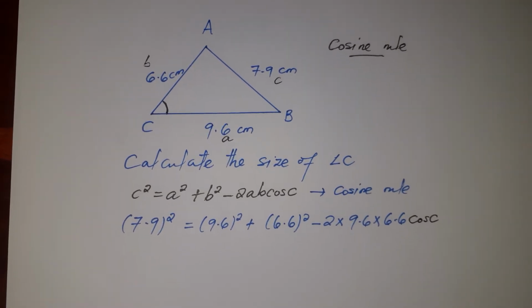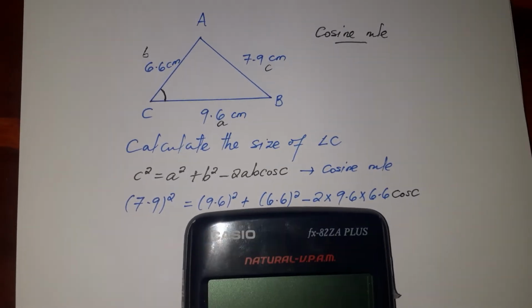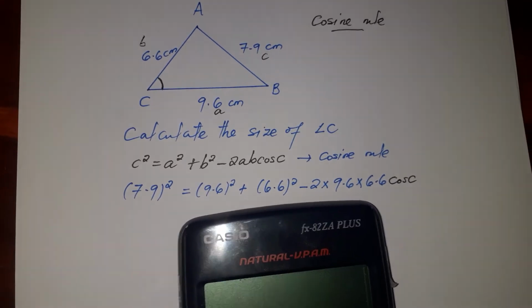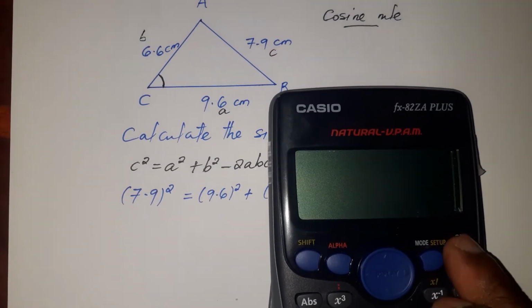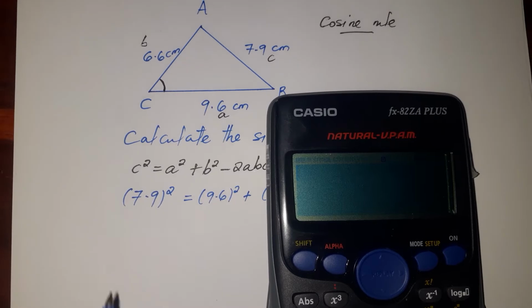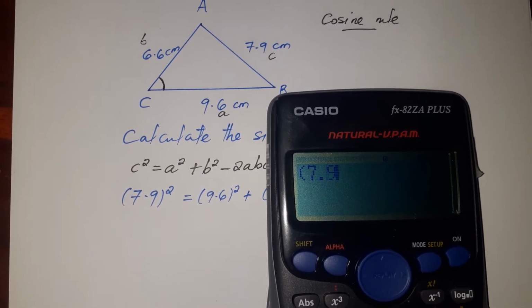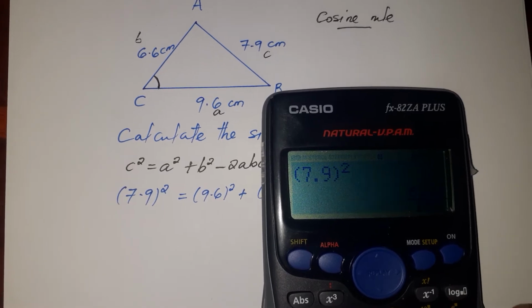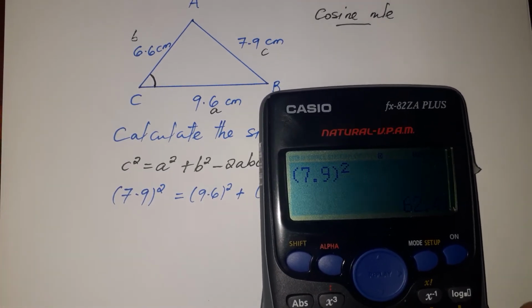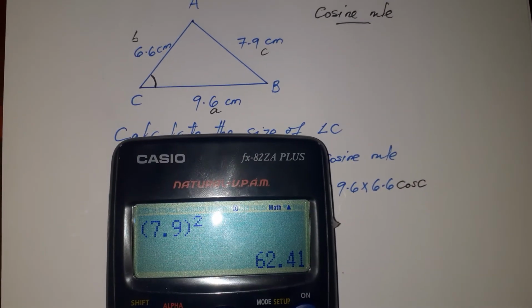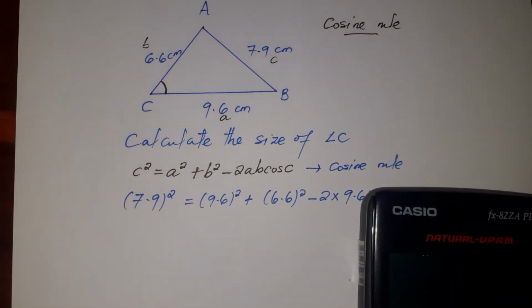Now, without wasting time, get your calculator. Let's work out 7.9 square. 7.9 square is equal to 62.41.